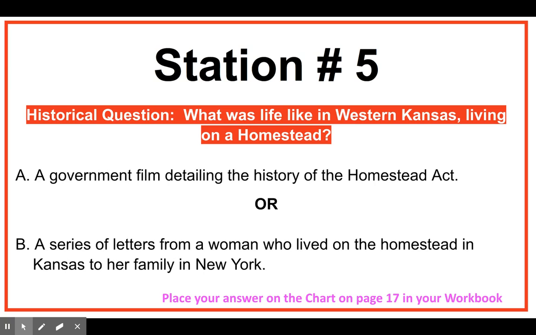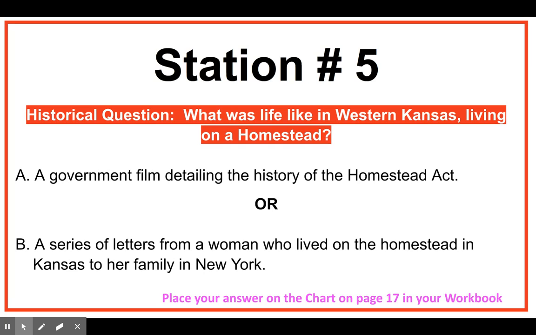So would we look at a government film detailing the history of the Homestead Act, which provided land for people to get virtually free? Or would you use a series of letters from a woman who lived on the homestead in Kansas?